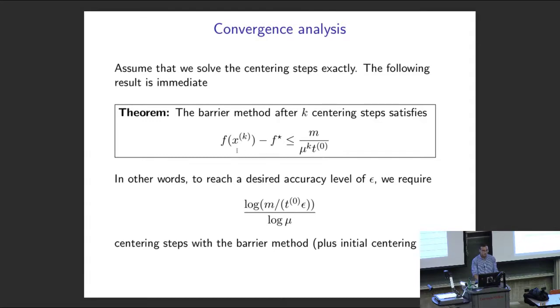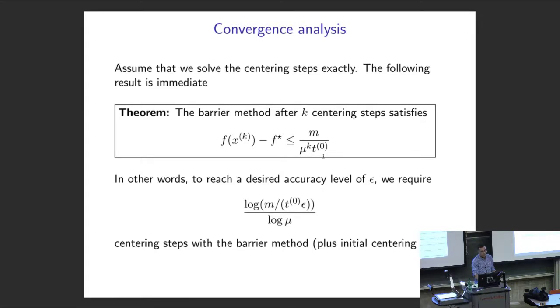So what's the suboptimality gap after k iterations? It's m over mu to the k times t0. And that means that if I want to reach an accuracy level of epsilon, I'm going to need something like log of 1 over epsilon centering steps. This is really a consequence of our updating scheme for t. That's all it was.